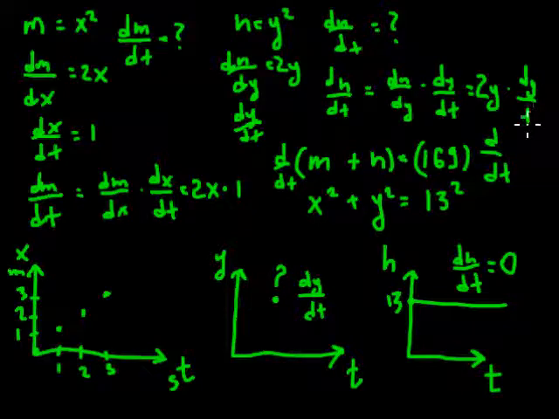And to find the derivative of the right side, d/dt of the right side is just 0, because the derivative of a constant is 0. So here we go.